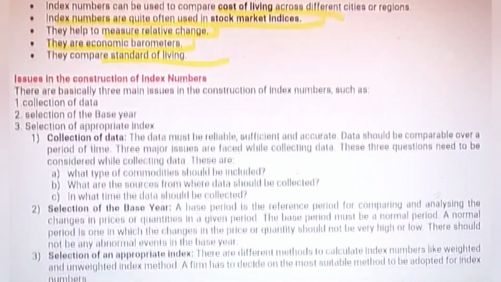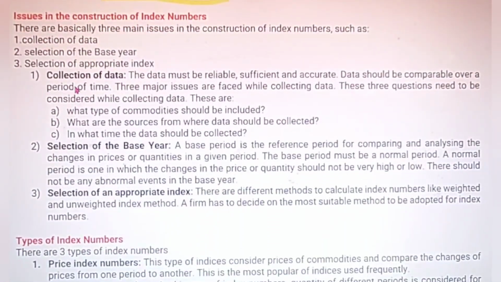So like this, there are some issues in the construction of index numbers. The basic issue is the collection of data. Sometimes the data are not collected properly, or there are some errors in the data. So that makes index numbers a little bit hard to believe. And the second problem is the selection of the base year. Now this is one problem, because the base year should be a very normal year.